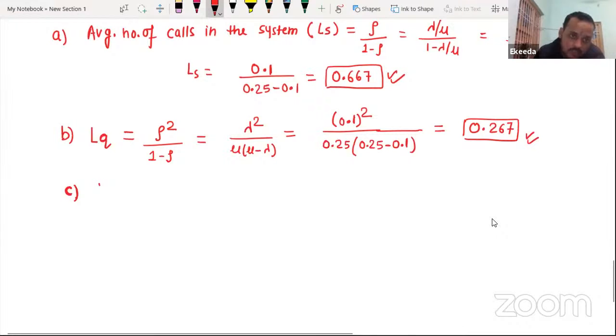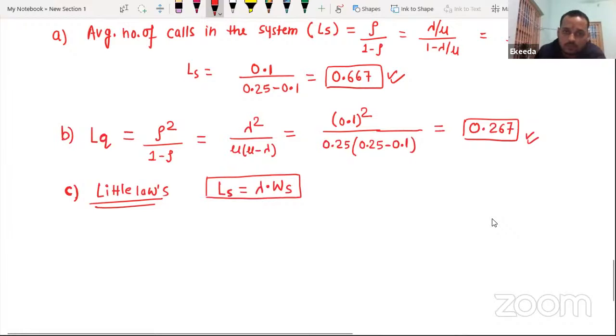We remember Little's law. One of the laws in queuing theory is Little's law. It says that the average number of customers in the system is the product of lambda and the average waiting time in the system, that is LS equals lambda into WS. We know the formula of LS, so WS is the ratio of LS upon lambda, which is 1 upon mu minus lambda.